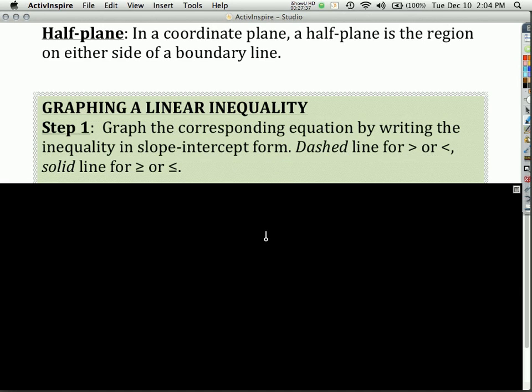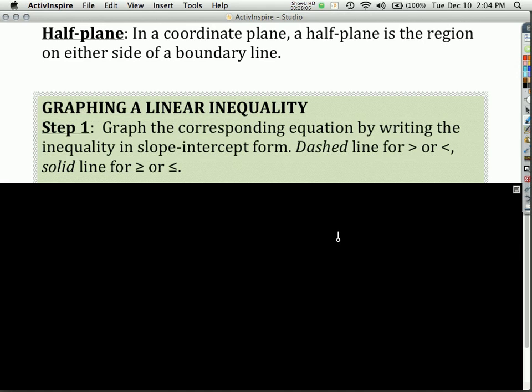Here's something new. We are not just going to draw a line. We have to pay attention to the style of line we're going to be using. There are two different styles: a dashed line, which sometimes I'll call a dotted line, or a solid line. It's just like the open circle and the closed circle.